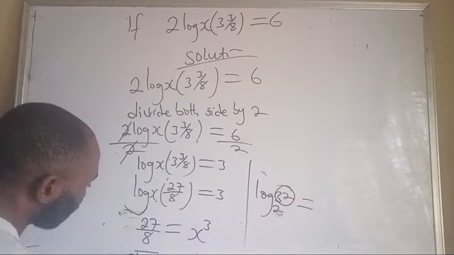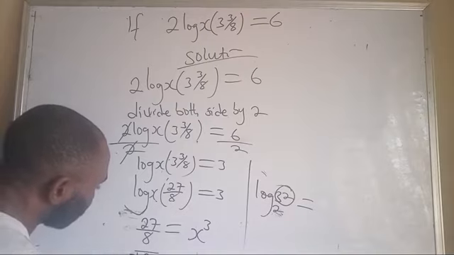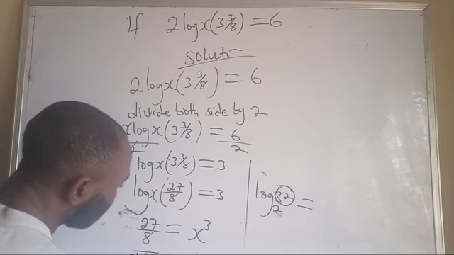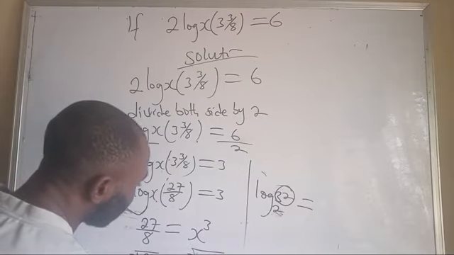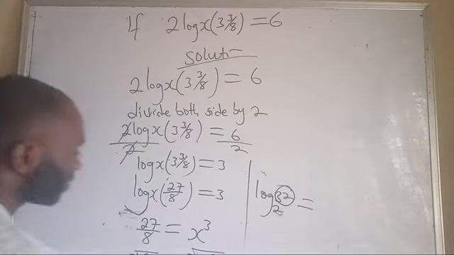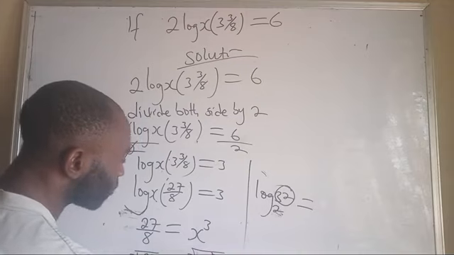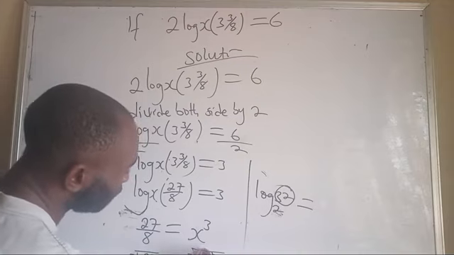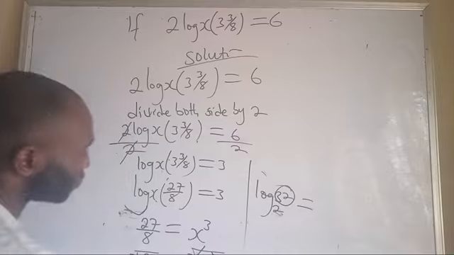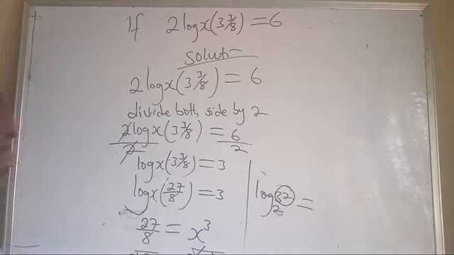So with this, we'll now take the cube root from both sides. The cube root is going to remove the power of 3.